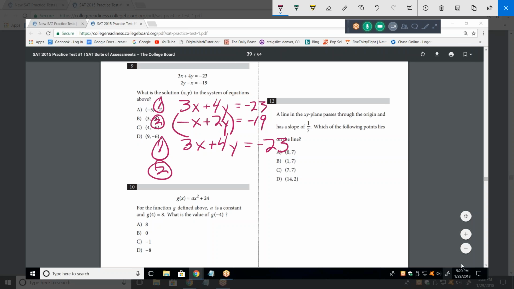Multiplying by 3. Okay. So you get negative 3x. That's key. Notice that matches now. Now I'm going to be able to add these equations, and x is going to go away. Okay, what do you get for the y's? 6y. You need a sign in front of it. Plus.